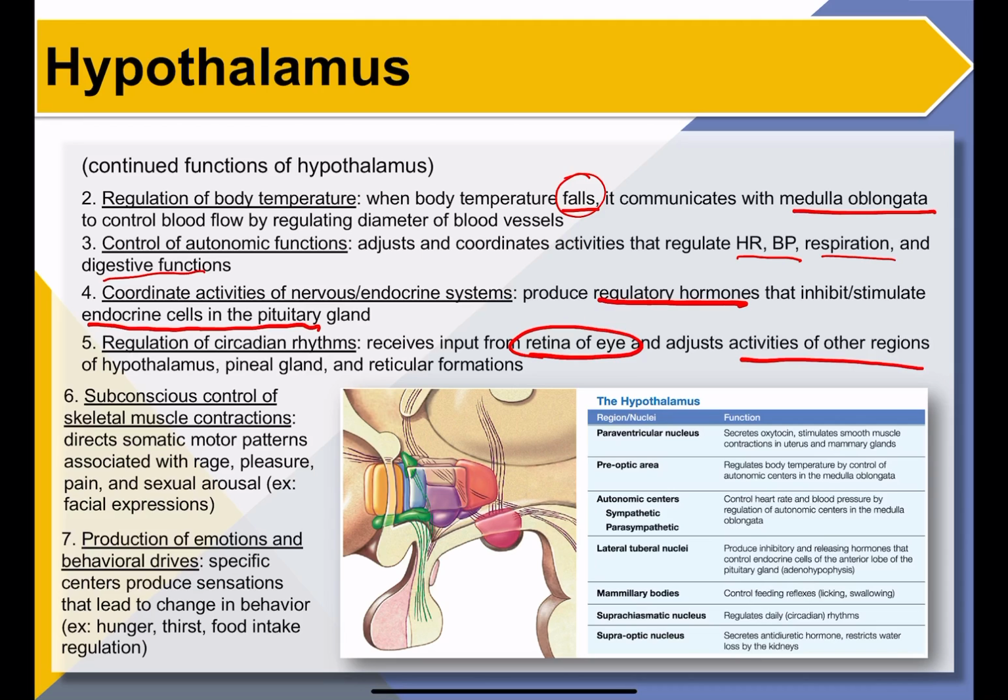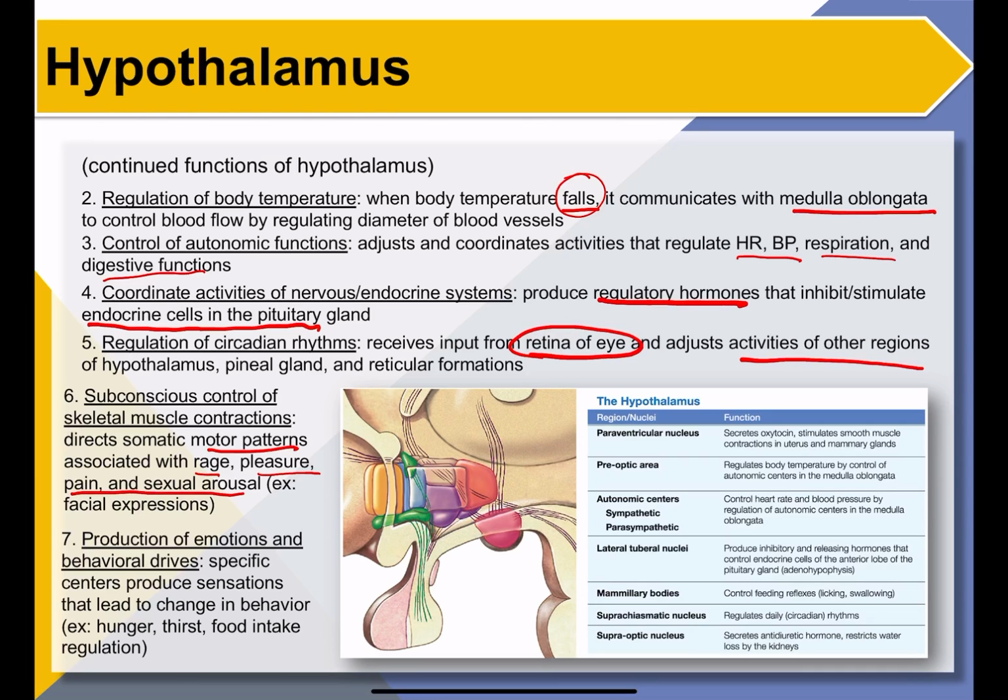Okay? All right, so there's also subconscious control of skeletal muscle contractions by the hypothalamus, which directs somatic motor patterns associated with rage, pleasure, pain, or sexual arousal. For example, our facial expressions. Okay, when we're happy, we're smiling.